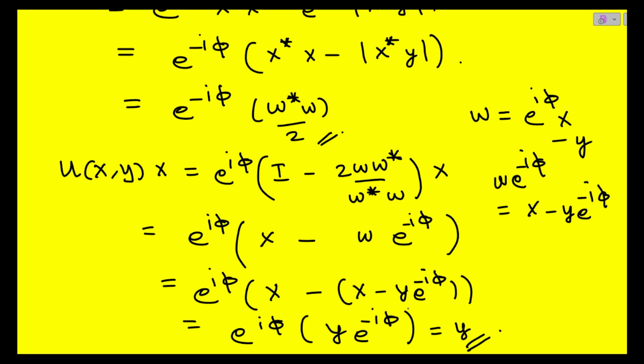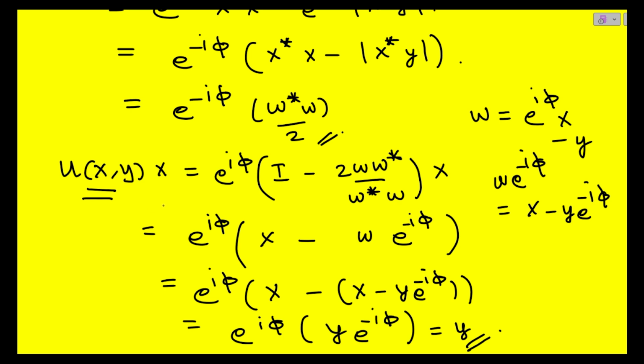A lot of algebra, but at the end you can see that this matrix U, which we proved is a unitary matrix, will take x to y. And that's it. So that's the matrix that we were looking for. So what do we conclude here?